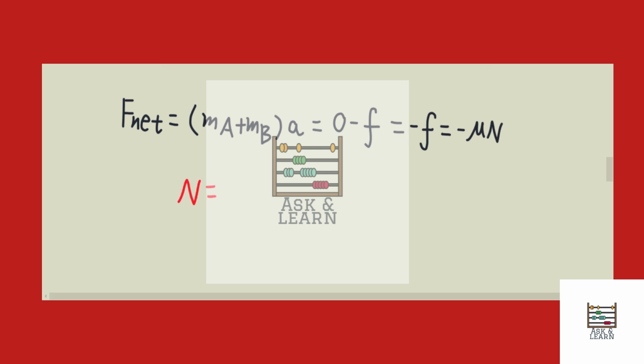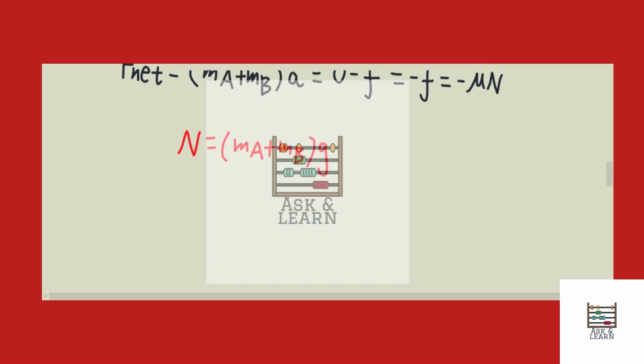The normal force is equal to the gravity of the rack, mA plus mB times g, because the net force in the vertical direction is 0 since the cars didn't bounce around and always stay on the ground.